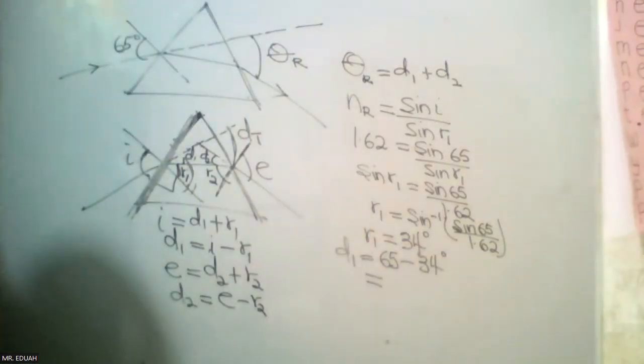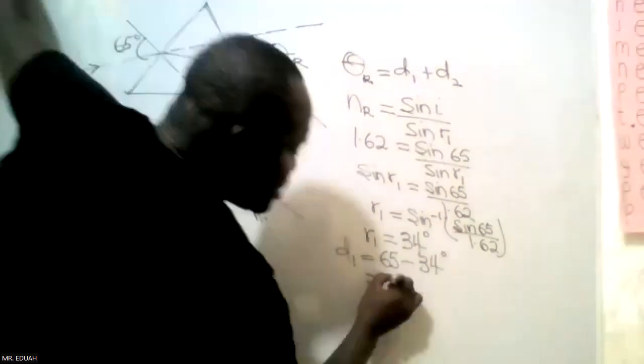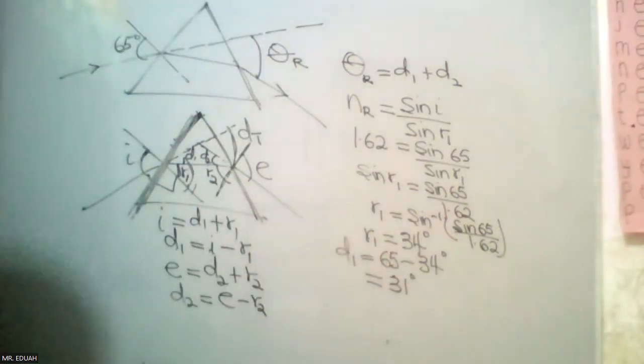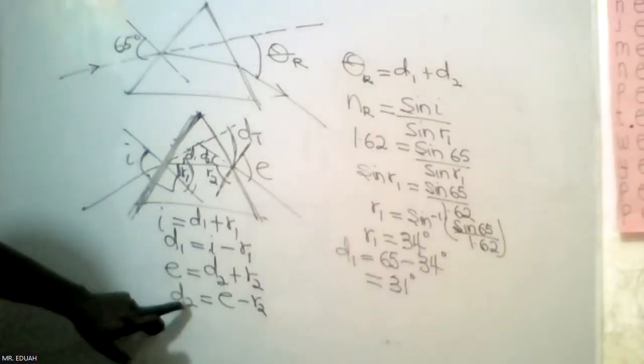So 65 minus 34 is 31. So this is 31 degrees. We need D2 to add to this.